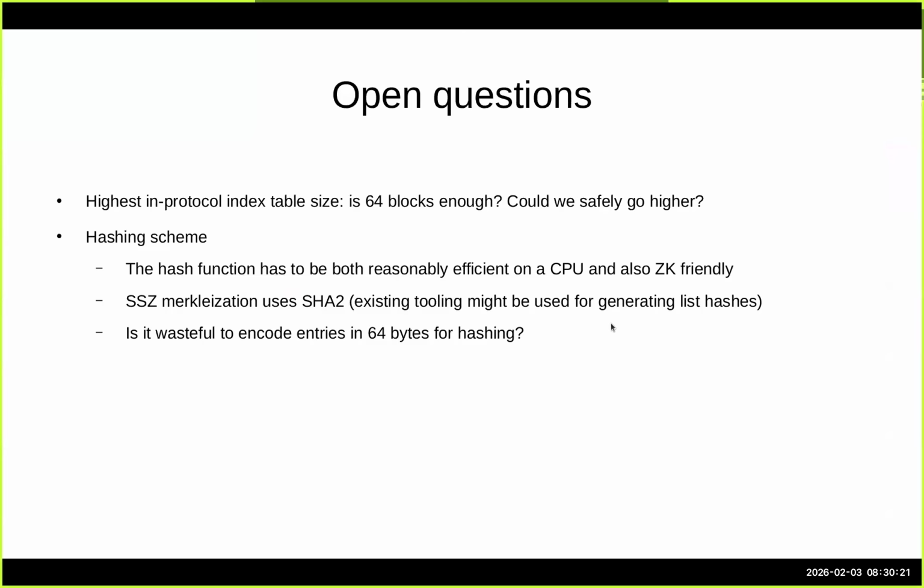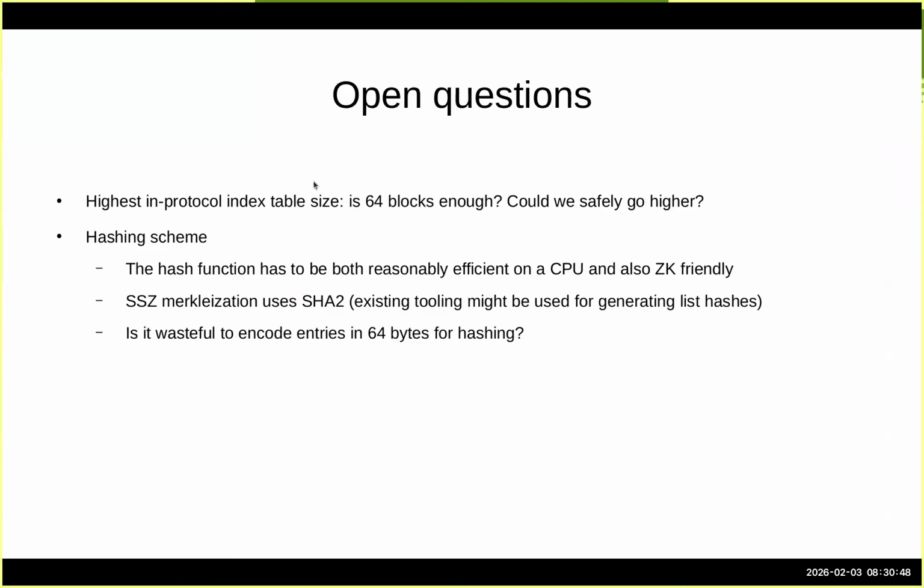There are still a few things we can debate. I just said let's do 64-block tables in consensus, but maybe we could do more, and then the proofs will be even cheaper because we have even more time to generate them.